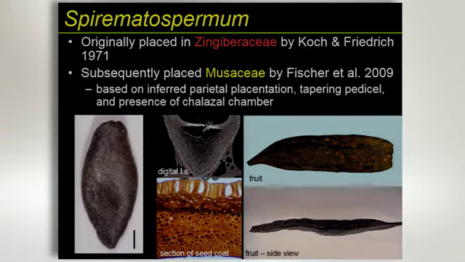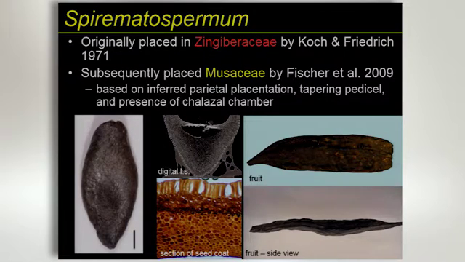And the big problem with Spermatospermum is that it was originally placed in Zingiberaceae, in the true gingers, but the most recent paper on it transferred it to Musaceae, to the banana families. And so if you remember, Musaceae is sister or low down on the tree to everything else.